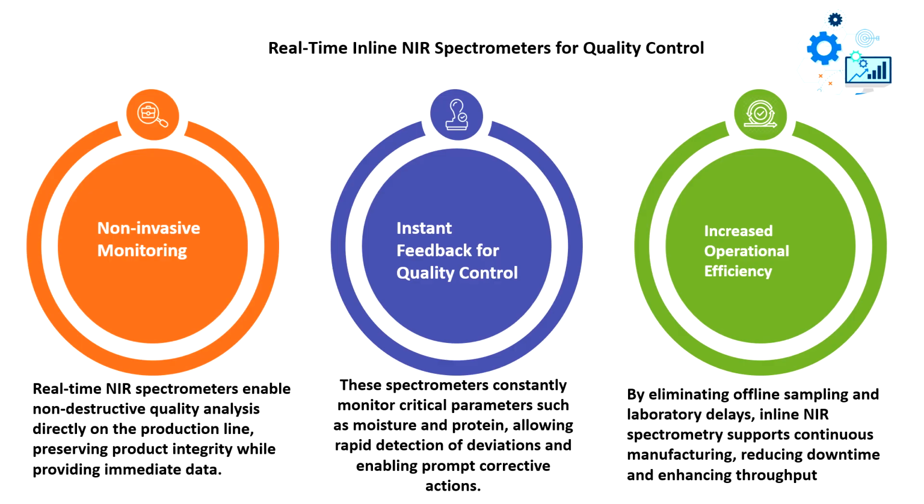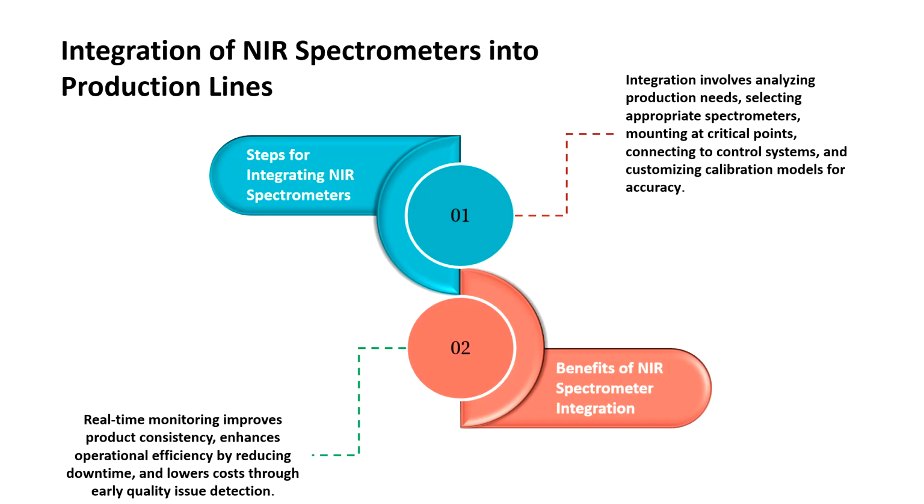These spectrometers constantly monitor critical parameters such as moisture and protein, allowing rapid detection of deviations and also enabling prompt corrective actions. By eliminating offline sampling and laboratory delays, inline NIR spectrometry supports continuous manufacturing, reducing downtime and enhancing throughput.